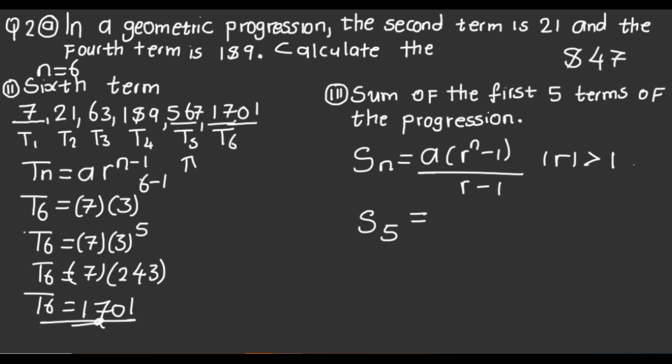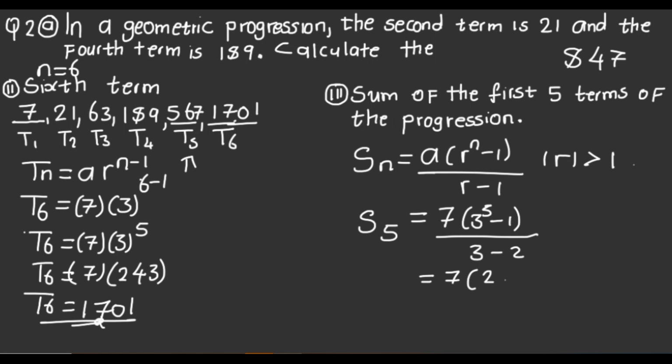Now let's use the formula. A is 7. The common ratio is 3, raised to the power 5, since we are dealing with the 5 terms. So 7, 3 raised to the power 5.